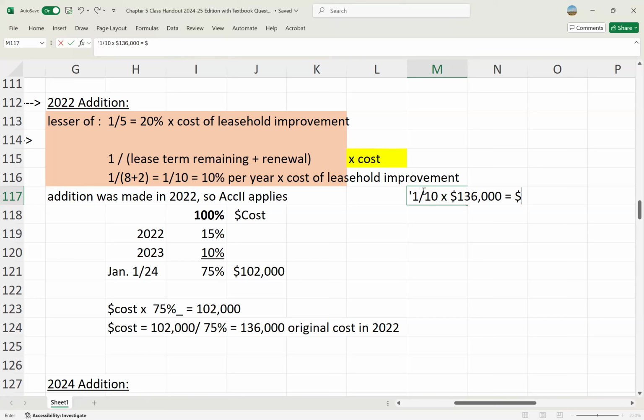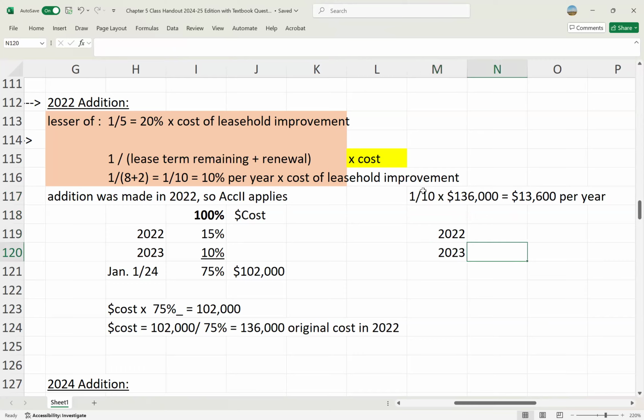And so that would be 13,600 per year over 10 years. The first year, though, 2022, we would have taken 1.5 times that, right? Because in the first year, we have the accelerated investment incentive at 150%.